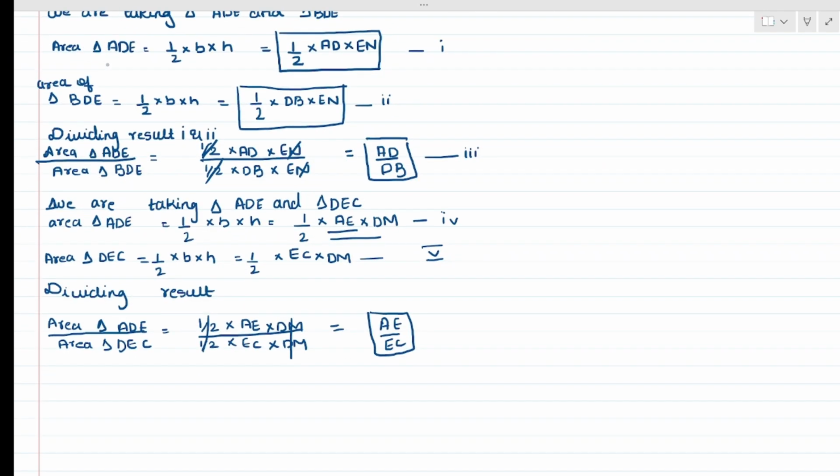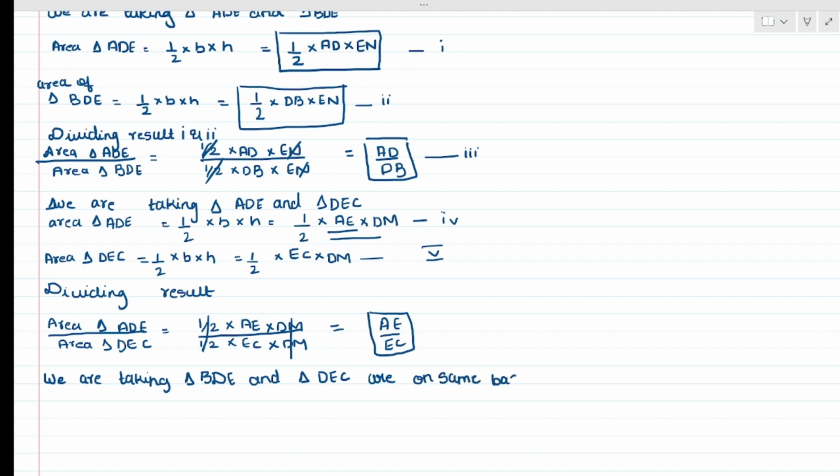So for the last result, write down: we are taking triangle BDE and triangle DEC. They have the same area because they are on the same base.